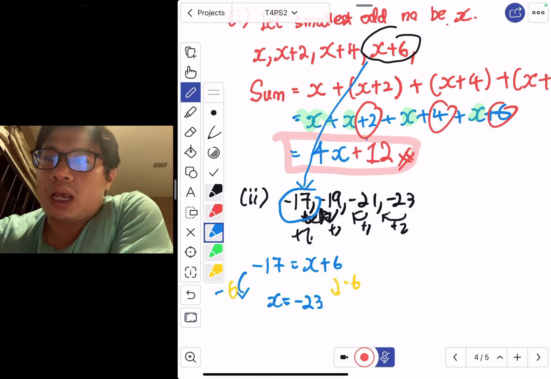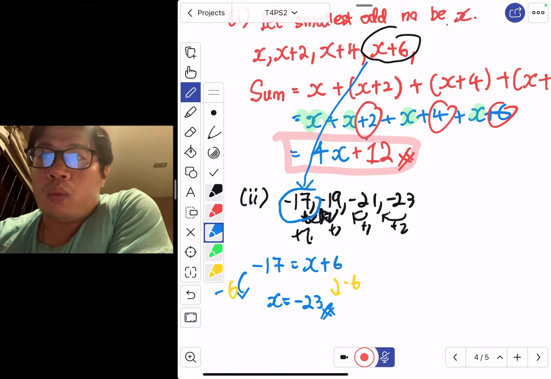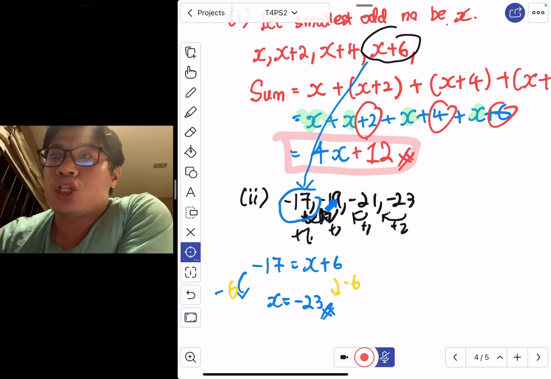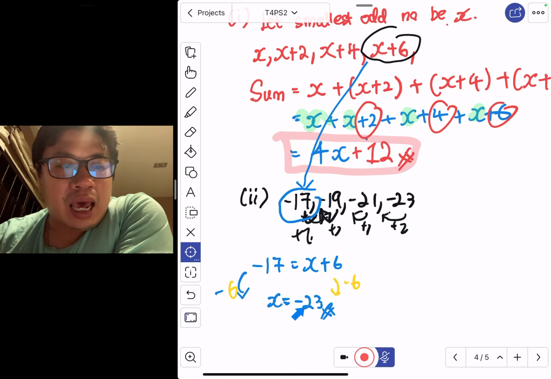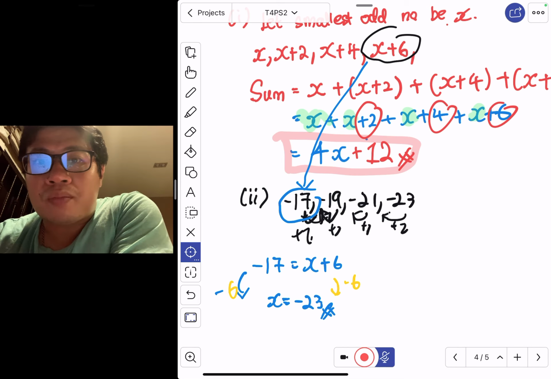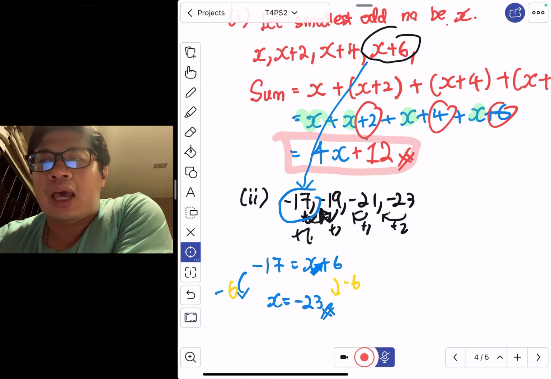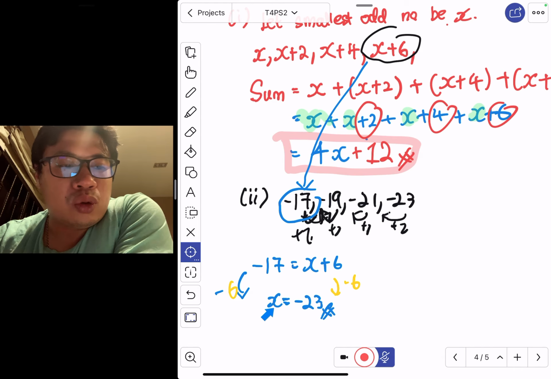What does it mean? It means your smallest number, remember that x represents the smallest number, is negative 23. I'm just using the formula because x plus 6 represents the biggest number. The smallest number will be negative 23, which is consistent with what we've been doing.